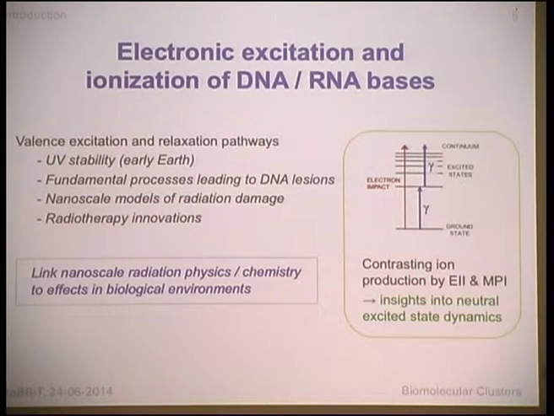In multiphoton ionization, at the laser fluences that we're working at, we do so via one or more neutral electronic excited states. So if we see different fragmentation patterns of molecules through these two processes, we can attribute those differences to something that's happening in those electronic excited states. So this comparison gives us a window into neutral excited state dynamics.